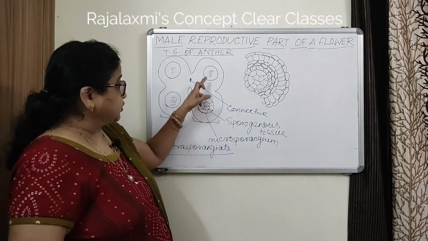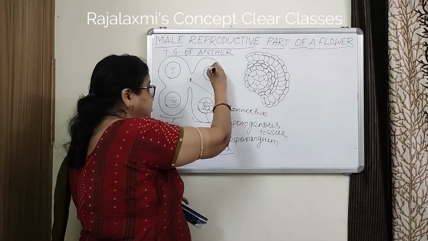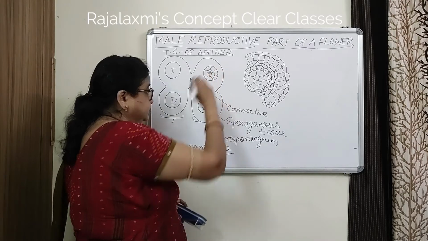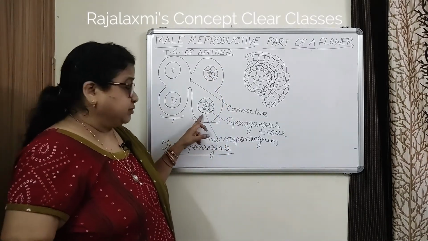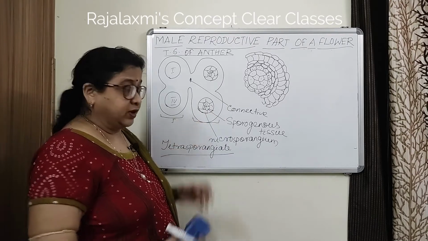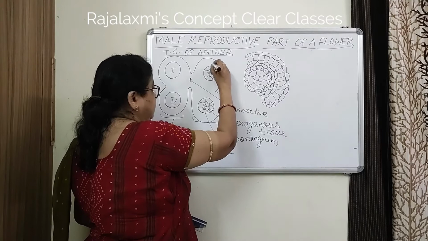So each microsporangium is filled with sporogenous tissue. And these microsporangia are covered by the anther wall. This is the anther wall.